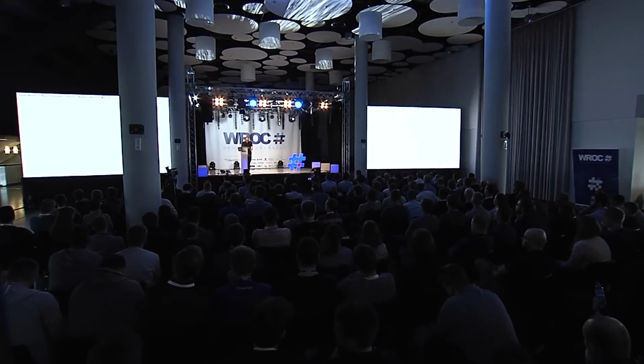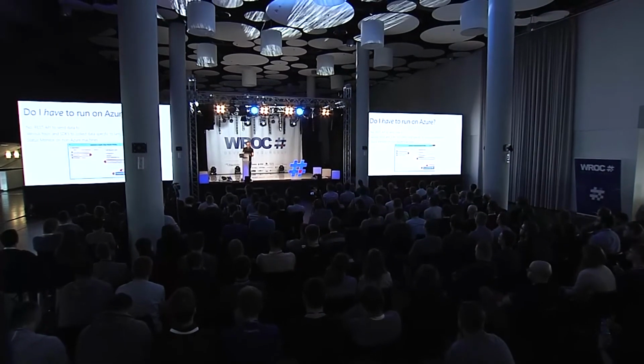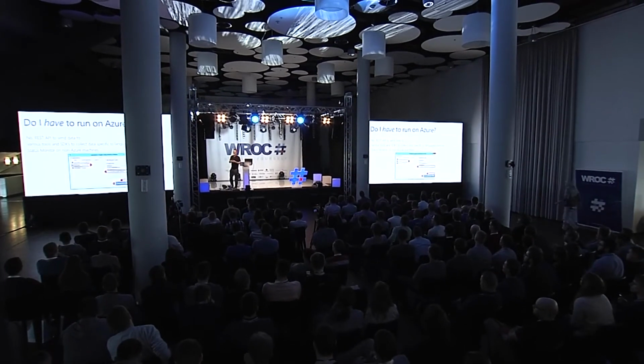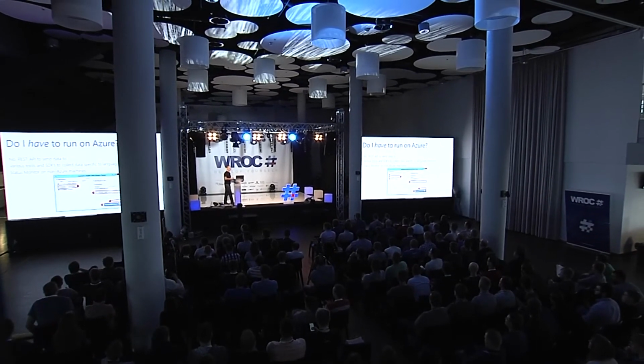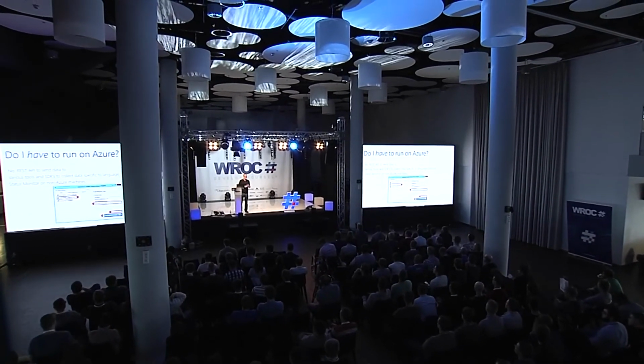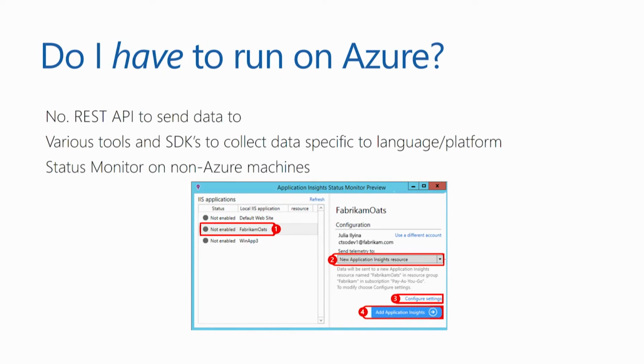Let's try once more. Which brings me to the next thing. Do I have to run my application on Azure if I want to use Application Insights? Well, the answer to that is no. Application Insights, like I said, is a service and client SDKs, and the service is in Azure, of course. But it's just an API that gets data from your application.